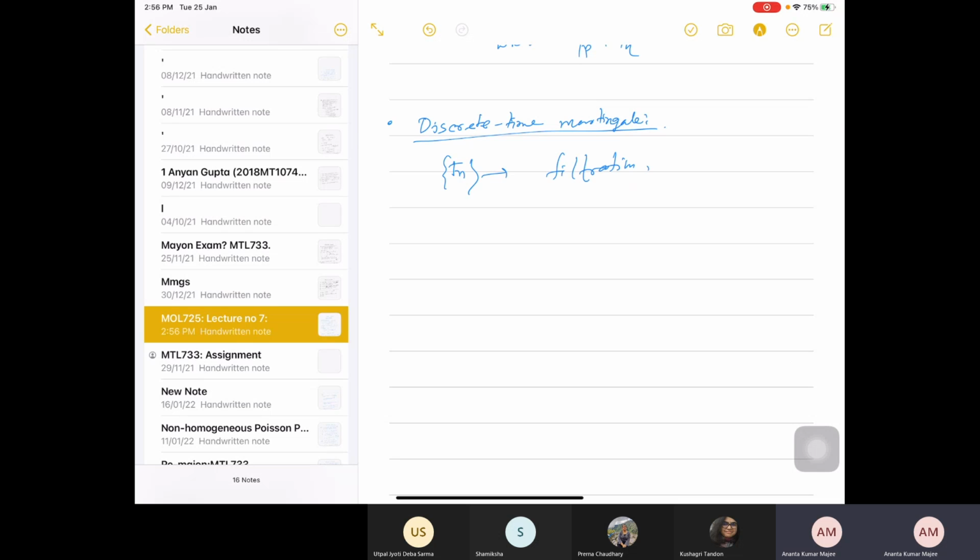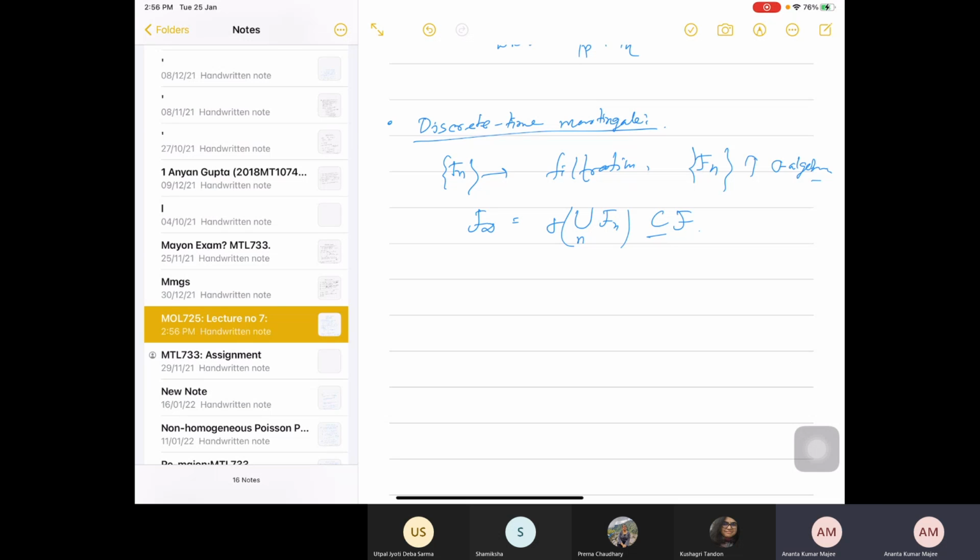What do you mean? Fn is an increasing family of sigma algebras, no? And we define my F of infinity, which is the union over n of Fn. So this may not be a sigma algebra. Already we know that the union of sigma algebras may not be a sigma algebra. So now we consider the sigma algebra generated by this, which is a subset of F. So F of infinity is a sigma algebra which is given in this form.